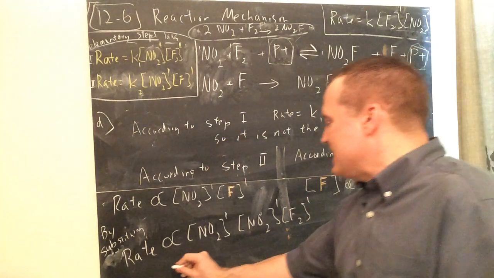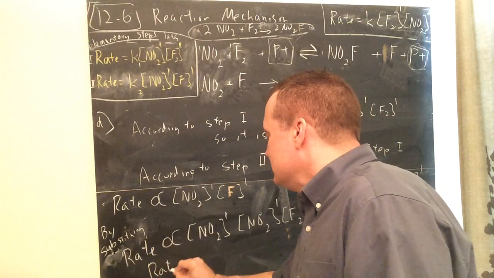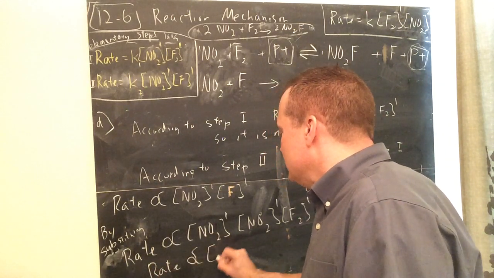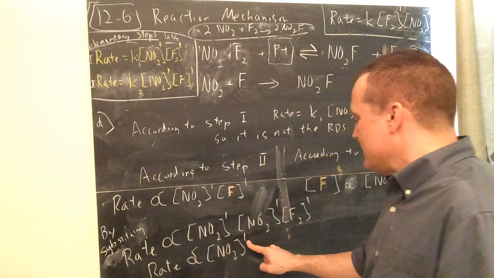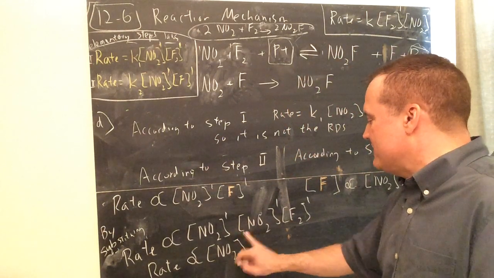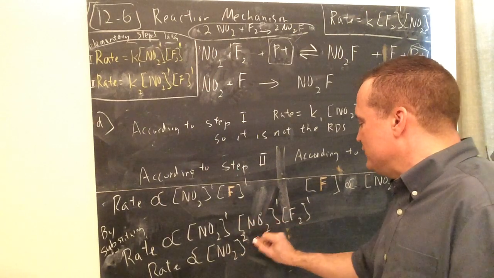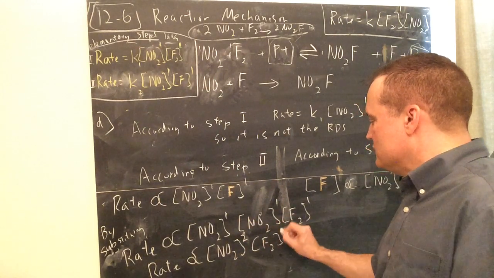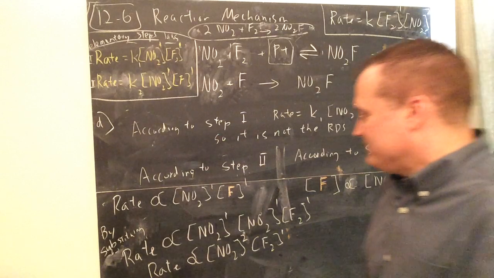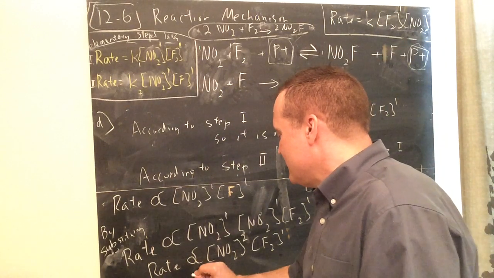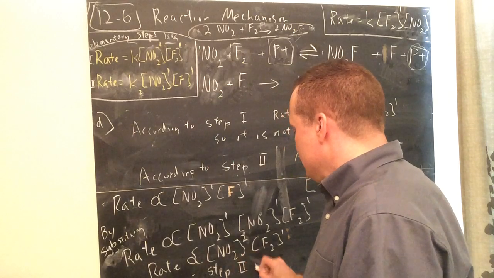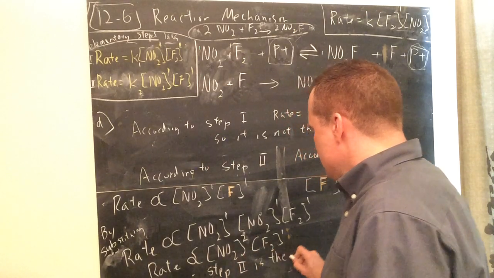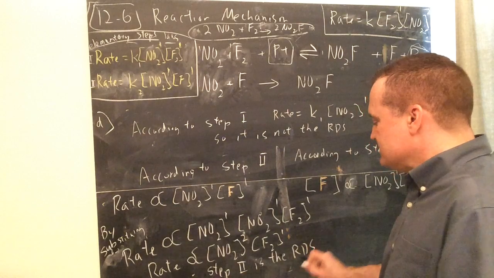Now, when I put those together, it says rate is proportional to NO2 to the second now, because I got 2 of them, and F2 to the first. All right. Therefore, step 2 is the RDS.